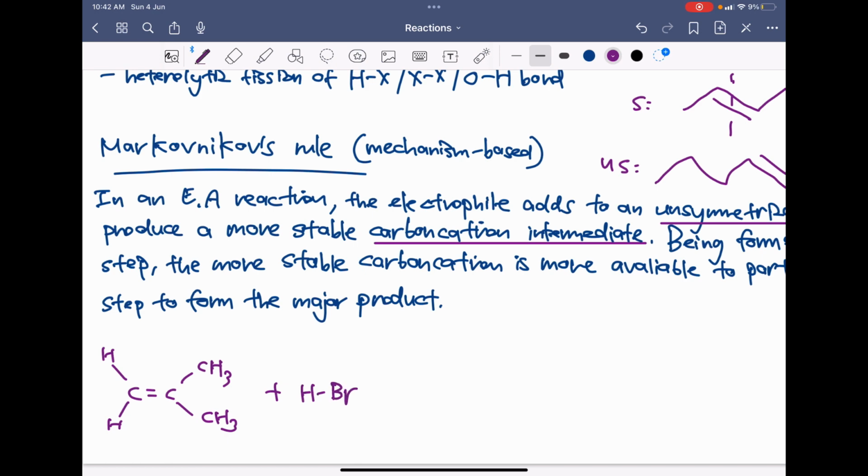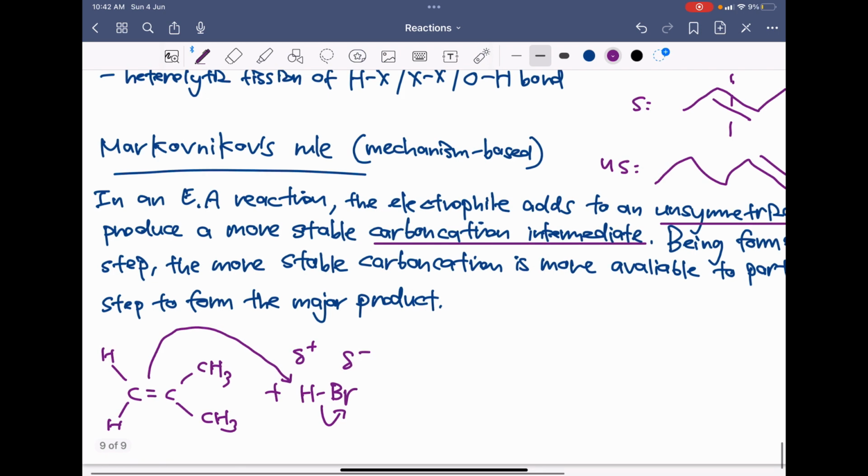We have a partially negative bond and a partially positive bond here because bromine is more electronegative than hydrogen, so it pulls the electron pair closer to itself and hence it's partially negative. In the first step, this C=C bond is broken, and here we add the electrophile, which is the partially positive hydrogen. Again, I'm not going to go into specifics because I assume you already know this. This is more of a recap video. So this is a slow step.